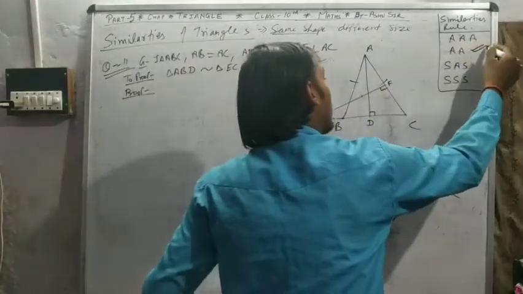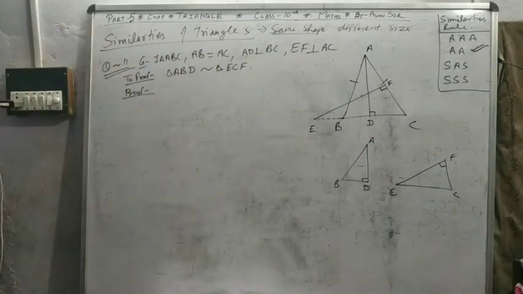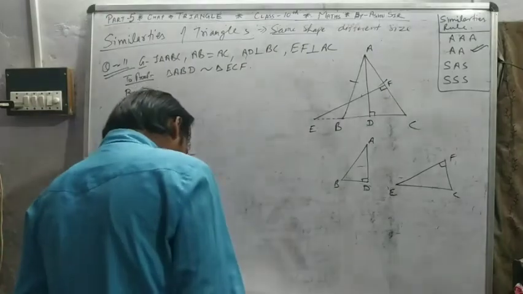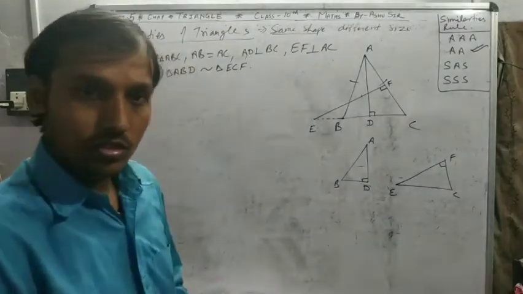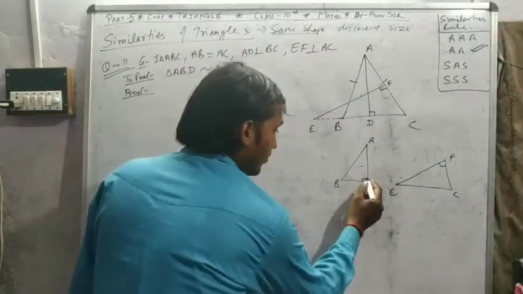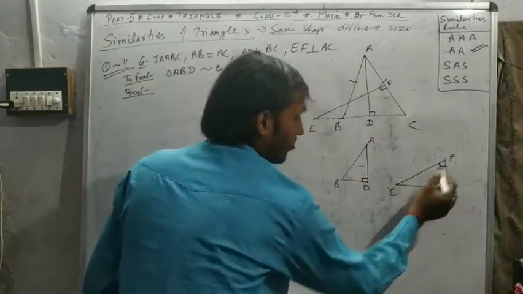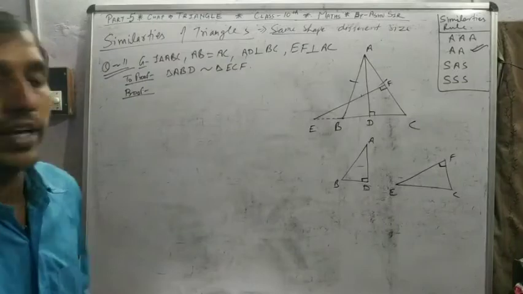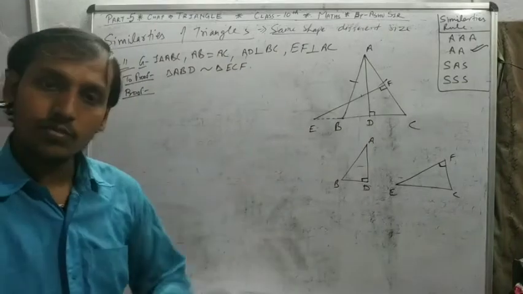This is a very golden rule. Why? Because we only need to prove that any two angles are equal. If any two angles are equal, the triangles are similar. So here we have to find one angle, angle D and angle F, and even more angles you can find equal. So these two are similar.